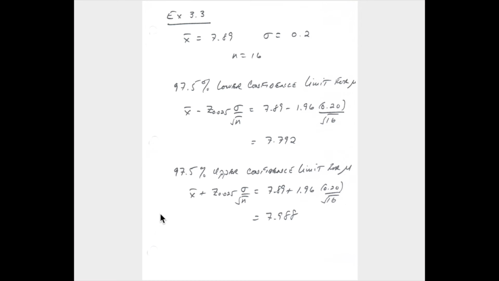So this shows that one way to get, for example, a 95% two-sided confidence interval is to construct individual 97.5% lower and upper confidence limits for mu, and then put them together in the form of an interval.